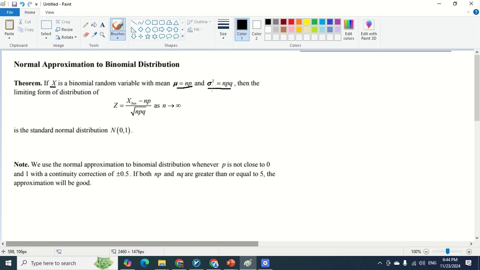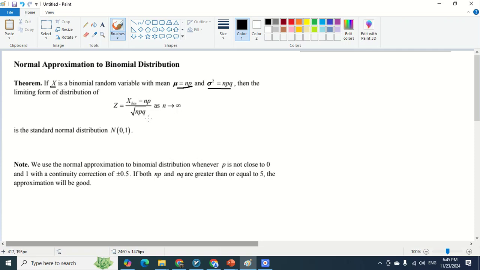As you know about the mean and variance of the binomial distribution function, the limiting form of the distribution of (x minus mu) over sigma as n tends to infinity is the standard normal distribution.